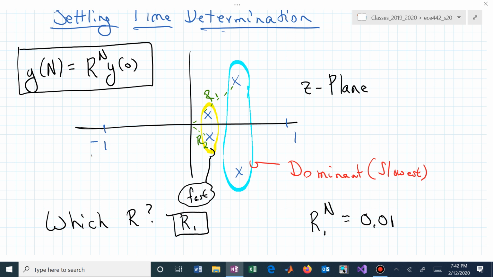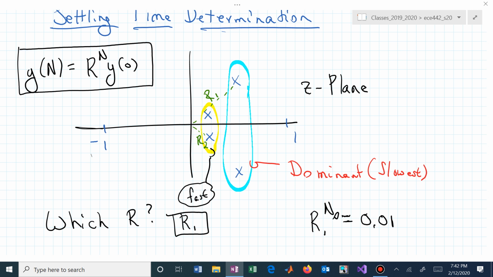And that involves a little logarithmic solution. Take the log of both sides, base 10. And you can then solve that for capital N, which I might call N sub S, for the settling, the number of samples to settle within 1%.